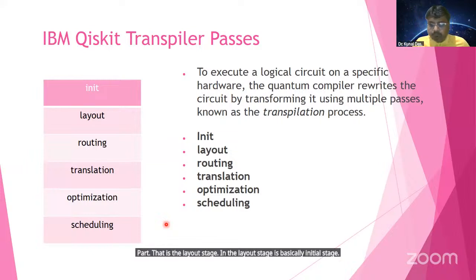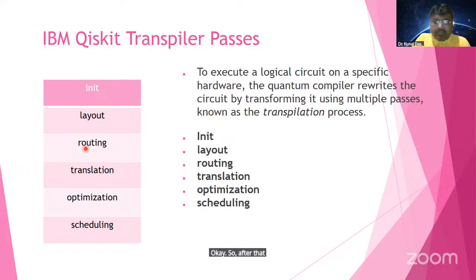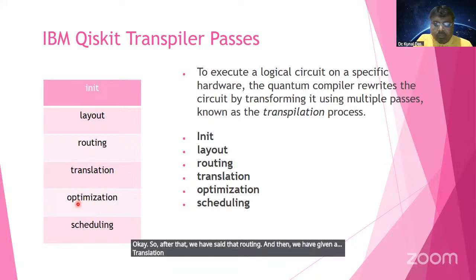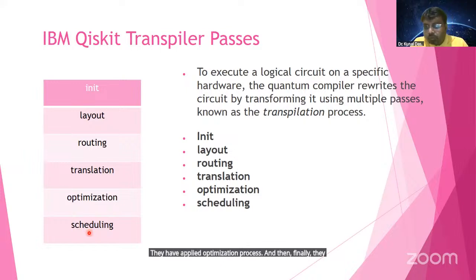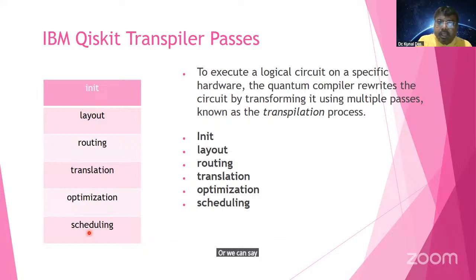After that comes routing, then translation. They apply an optimization process, and finally they do scheduling. This process is known as transpilation, and we can say a transpiler is like a compiler.